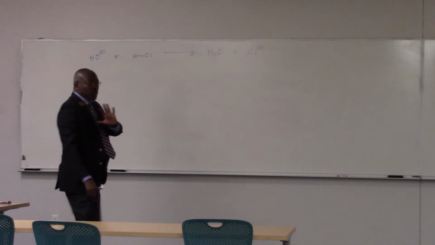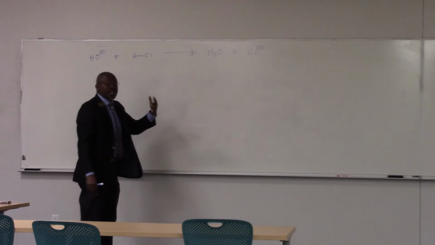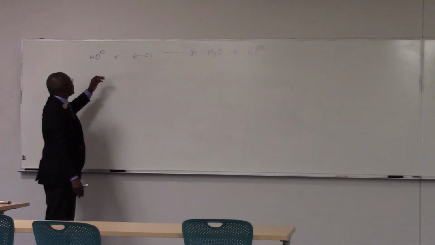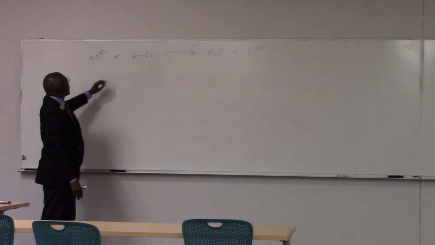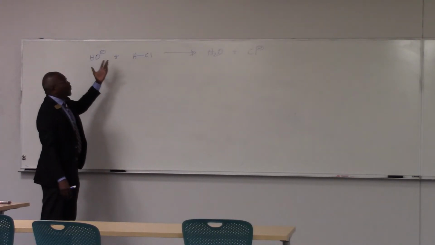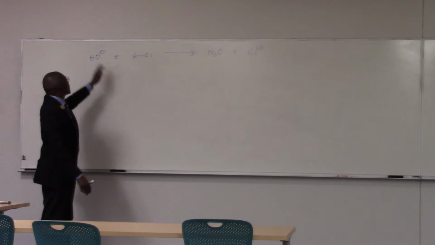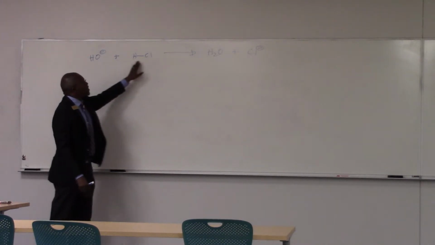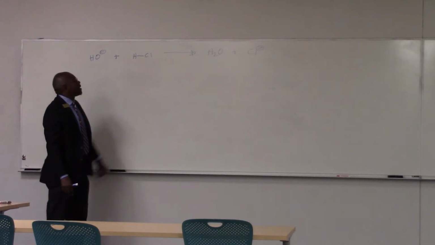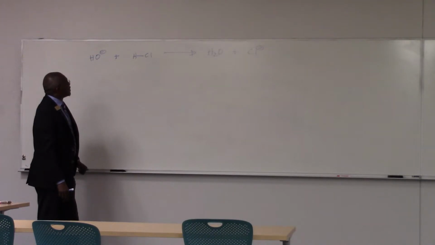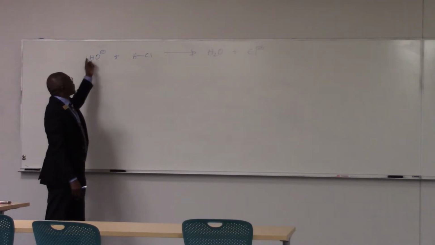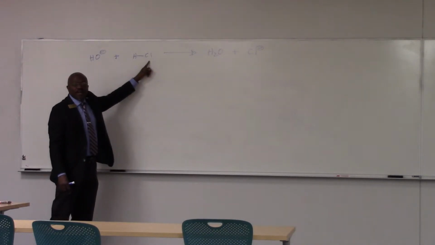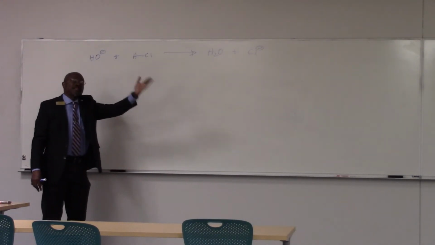The other one, which we would have talked about already in the acid-base lecture, is, you look at this and you have to ask, well, for example, both of these could be acids because I have H attached to O and H attached to Cl, right? I would have to ask the question, if this lost the H to that, am I generating a stronger acid or a weaker acid?